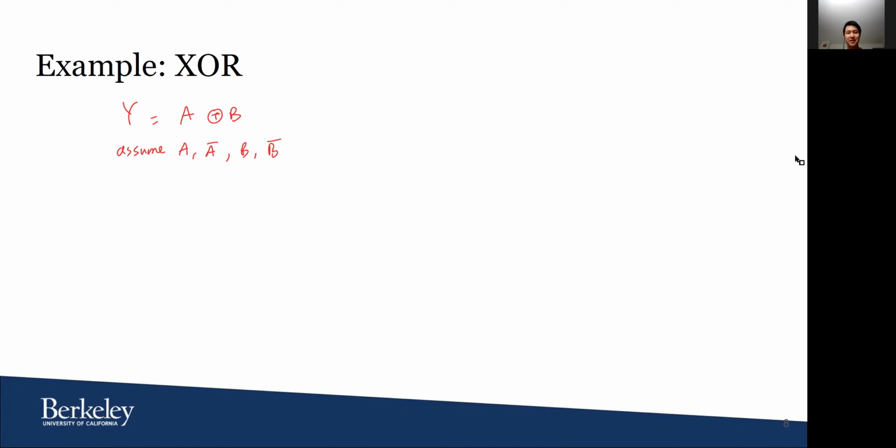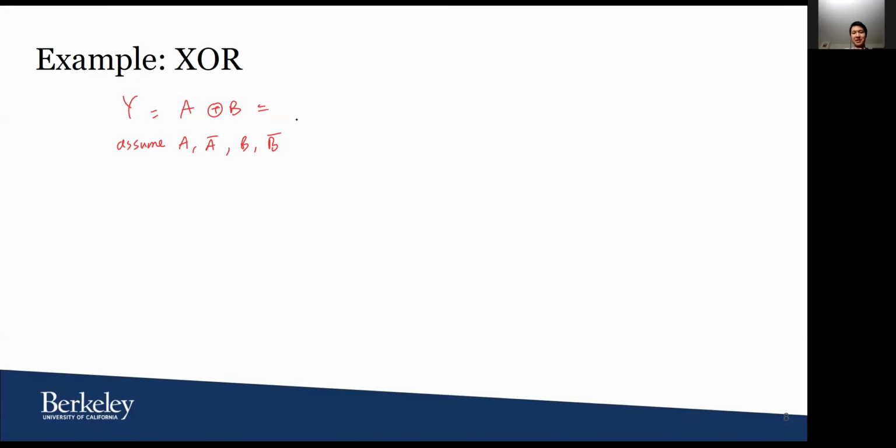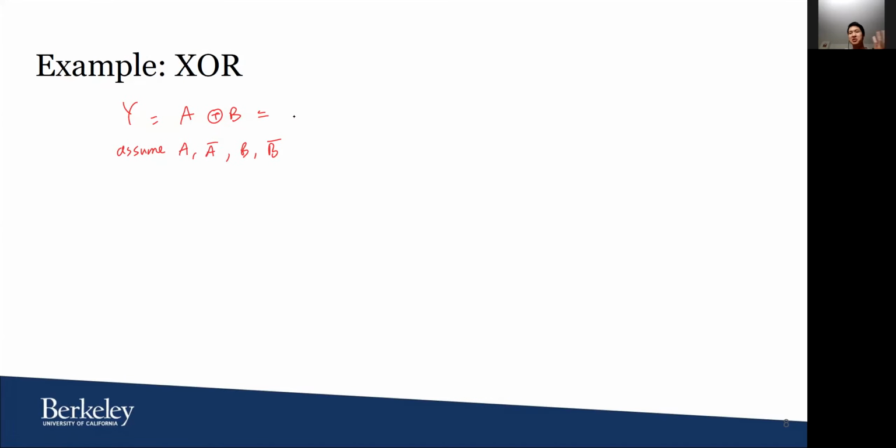Okay. What is A XOR B equal to, in something that might be constructed of ORs and ANDs? What would this be? A hint?